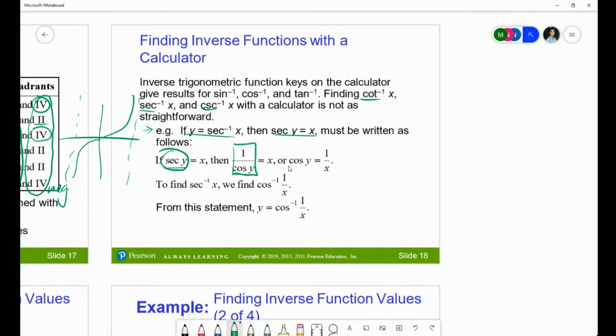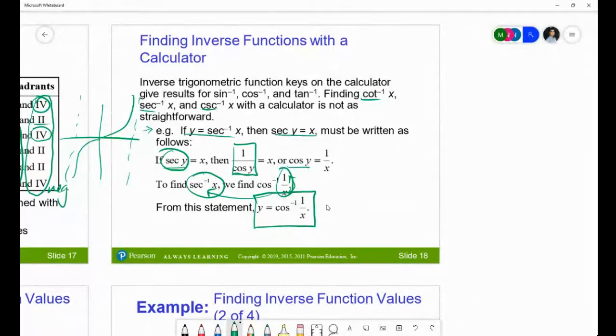Then we can solve: cosine y equals 1 over x. So if we want to find secant inverse of x, then we have to find cosine inverse of 1 over x. You can see here this is the reciprocal of what we're actually trying to find. But since we're trying to find the reciprocal function, that's why we have to do this extra step. Does that make sense?